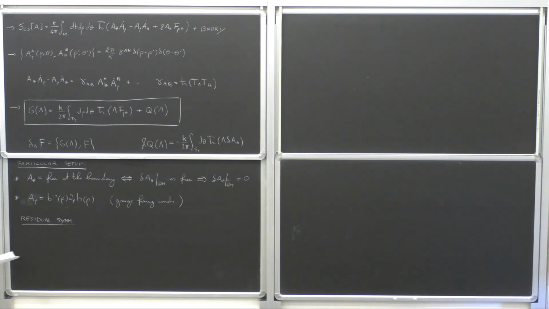And be careful that this kind of strategy is applied to this very specific system, but it's the strategy that you apply to any system that you want to analyze asymptotically, essentially. We will do the same in gravity in 4D in asymptotically flat spacetime. So you set boundary conditions, and then you look for residual symmetries, then you compute the charges.